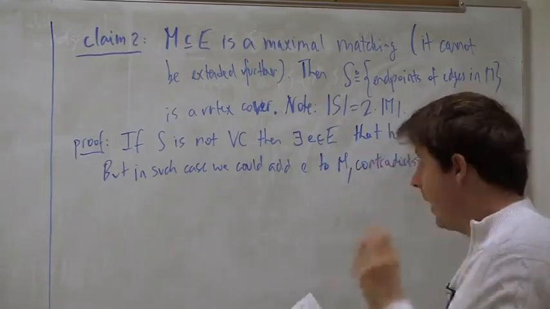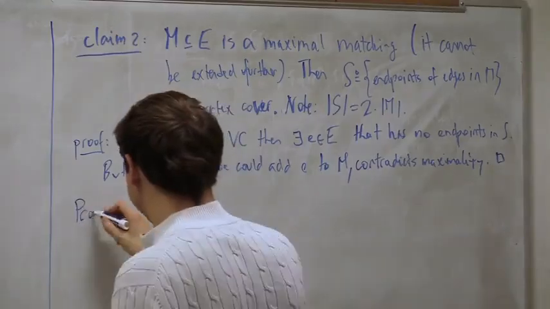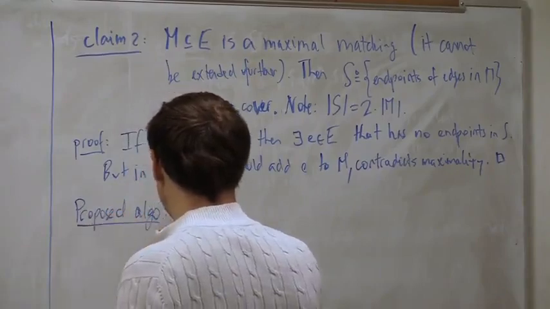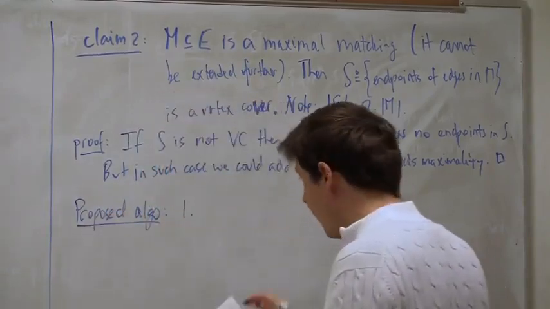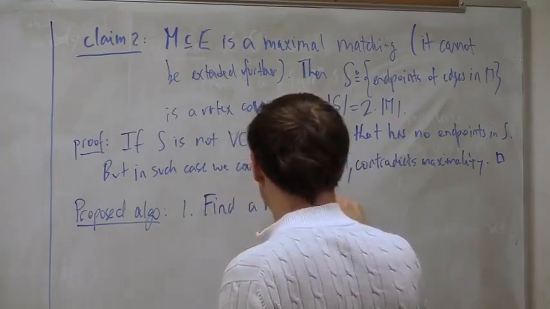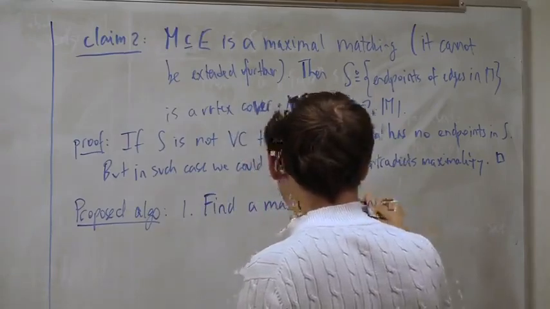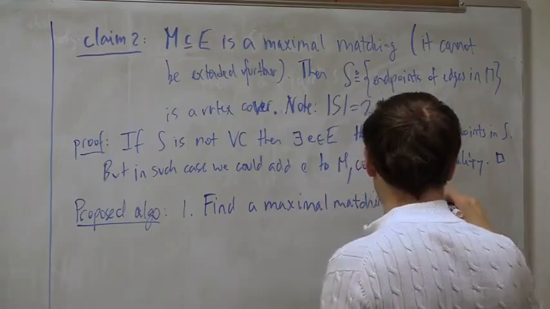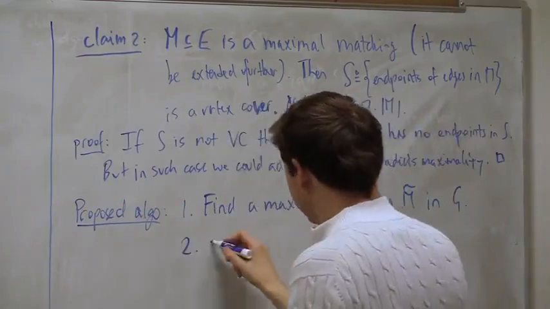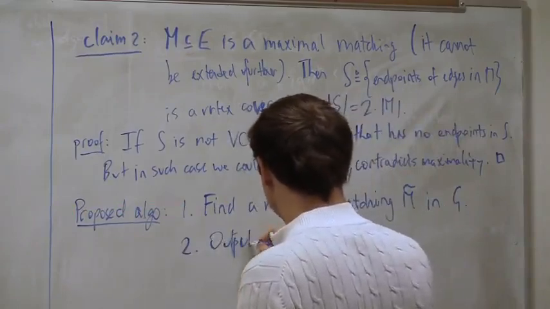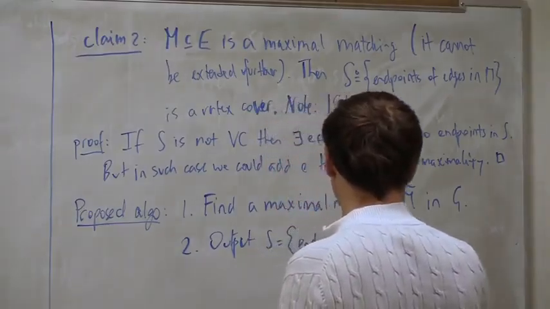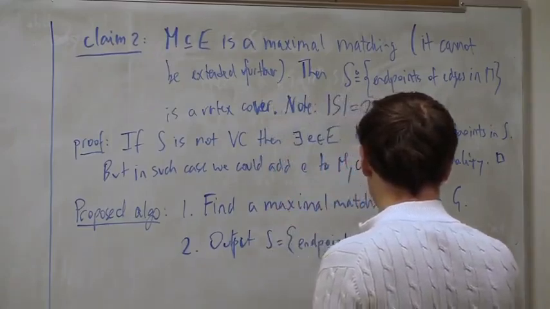an algorithm. So the proposed algorithm works as follows. Find a maximal matching, M tilde, in the graph, and then output the set of vertices that are the endpoints of the maximal matching.